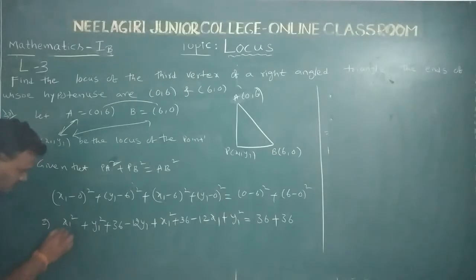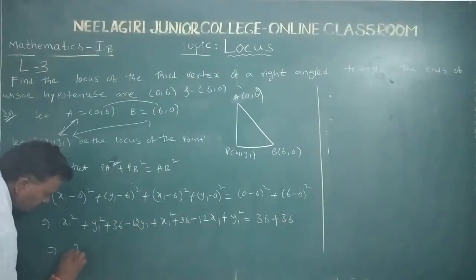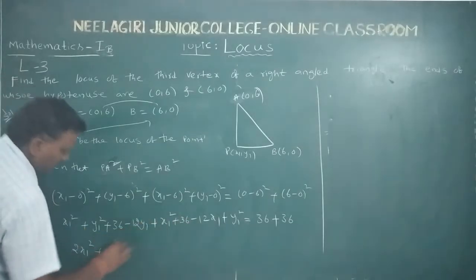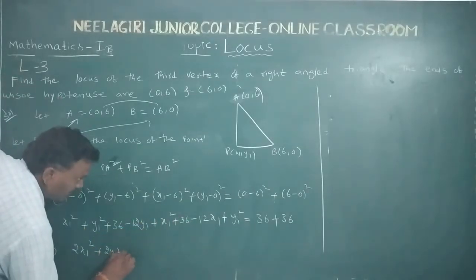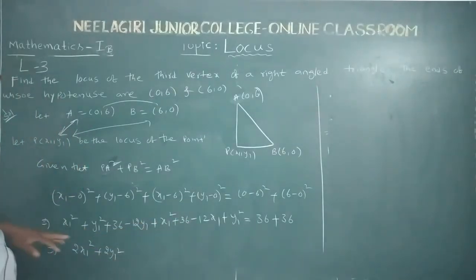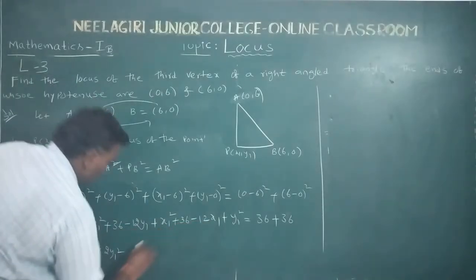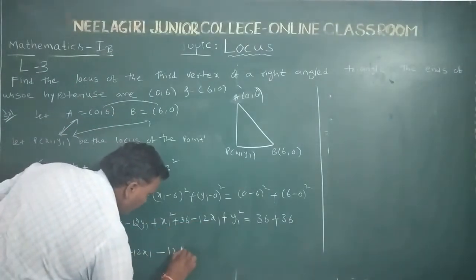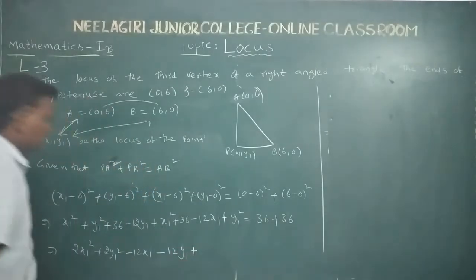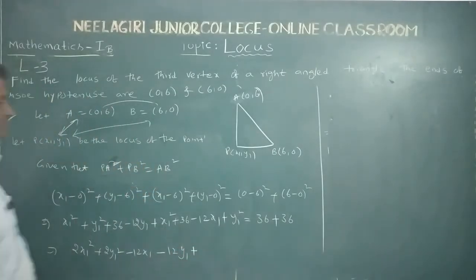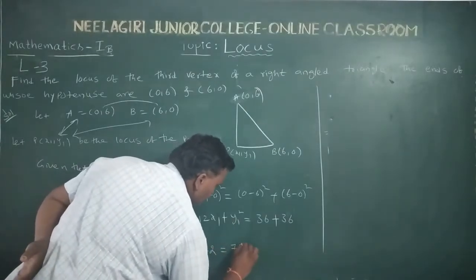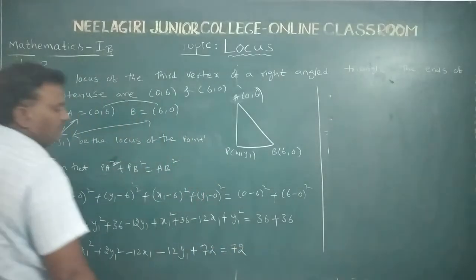Add the same terms. x1 square plus x1 square is 2x1 square. y1 square plus y1 square is 2y1 square. Next, minus 12x1, minus 12y1, plus 36 plus 36 is 72.